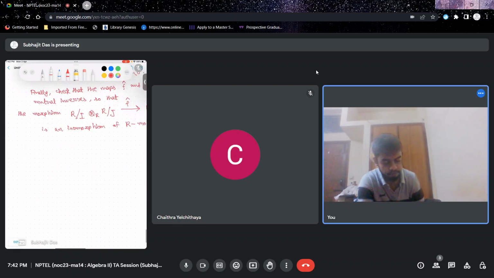We'll solve maybe one other problem and then we'll stop. So this was another question. I mean, this is again easy. So assume R is a commutative ring.